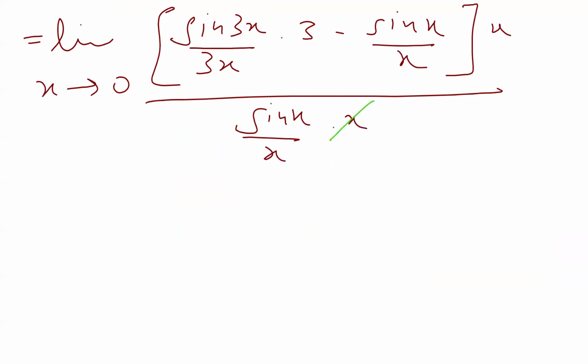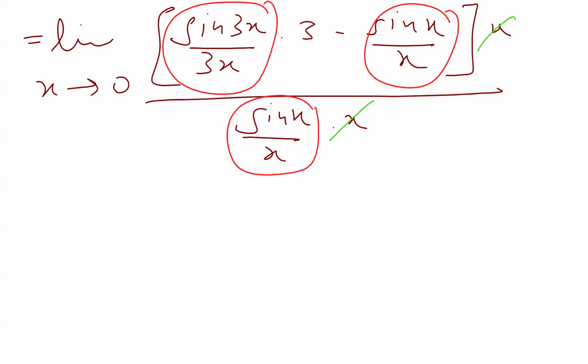Now this x and this x will get cancelled. Now what are these circles? So 1. Correct. So 1 into 3 minus 1 upon 1, which is equal to 2.